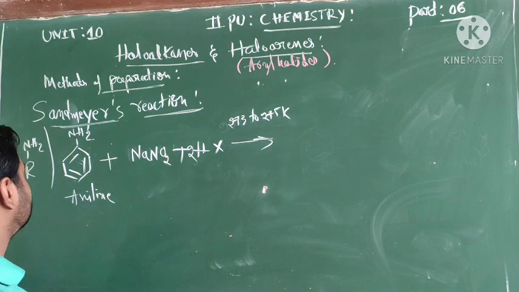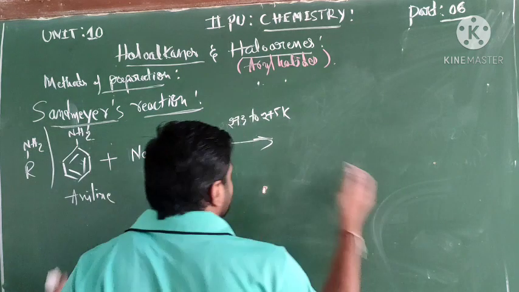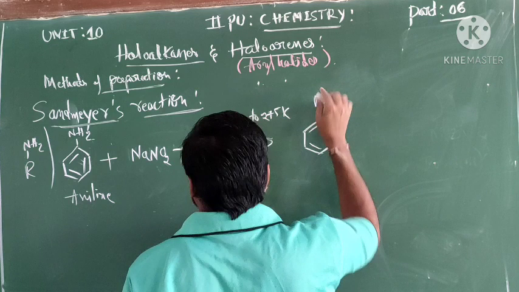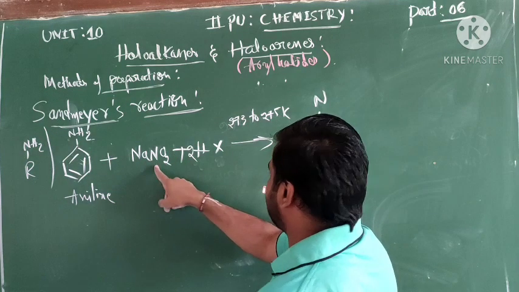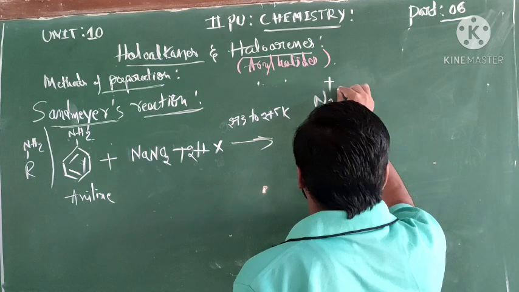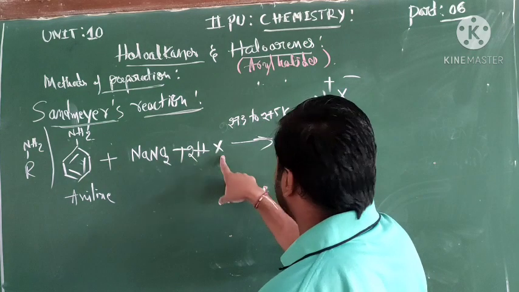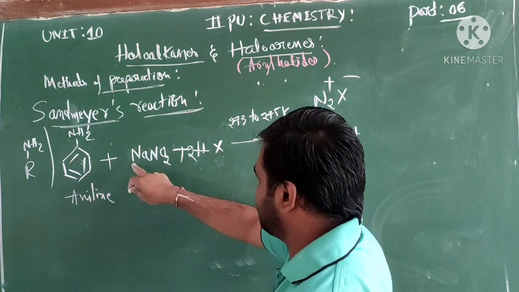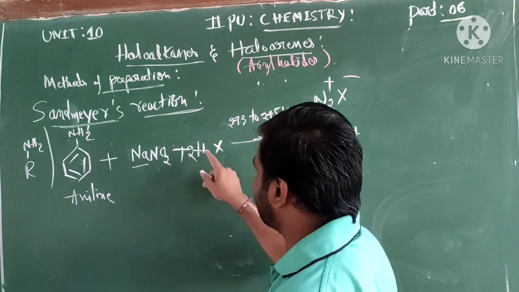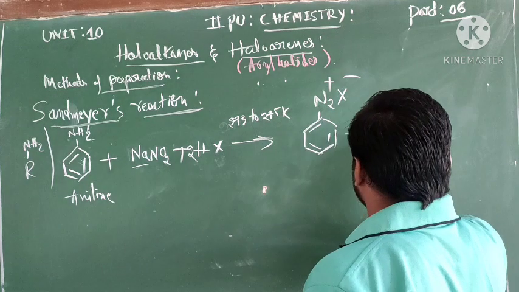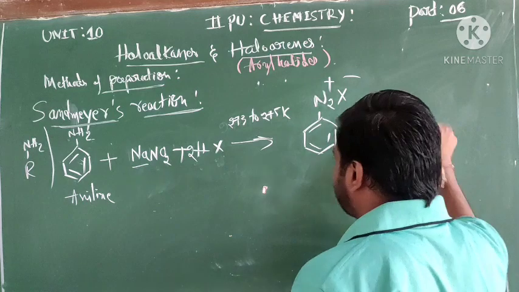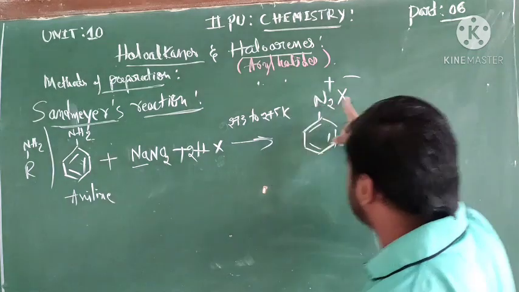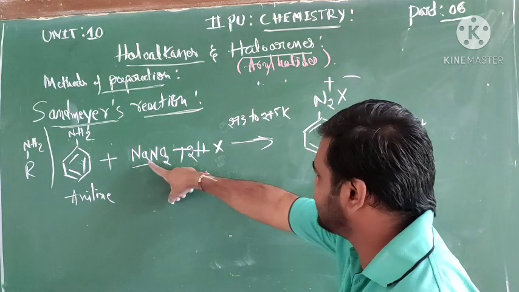The reaction gives the benzene ring with N2 plus X, that is benzene diazonium halide, along with NaX, since the remaining X is attached with sodium.